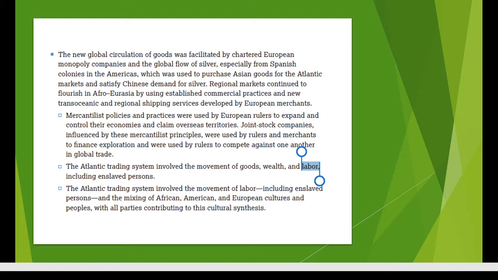And one thing that will help European states establish a presence in new regions was the concept of a joint stock company. Examples?